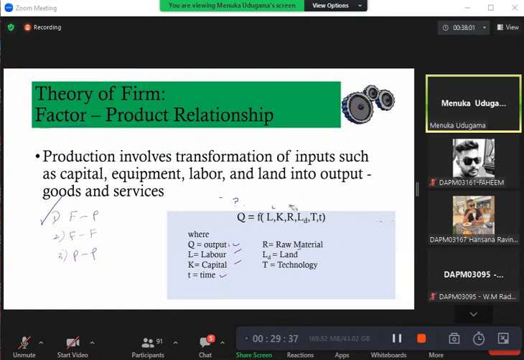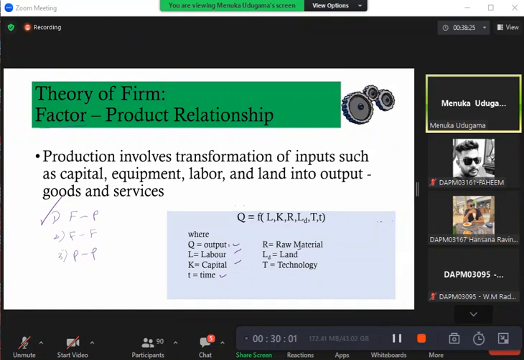So now, just to understand how we do the analysis or the estimations, we are going to take one factor at a time. Actually, this time we're just going to look at one factor. What's the factor we're going to look at? Production involves transformation of inputs, such as capital, equipment, labor, and land into outputs, which are goods and services.